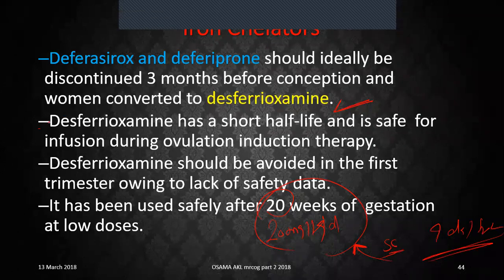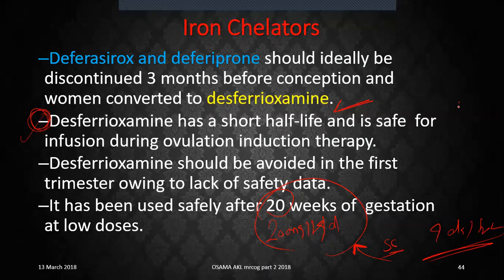Another advantage of Desferal, the first advantage, it can be used during pregnancy. Another advantage, it can be used during breastfeeding because it's not absorbed by the neonatal GIT mucosa. Also, another advantage, it has short duration. How is this useful?